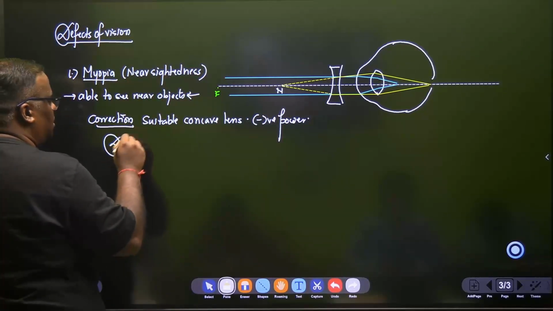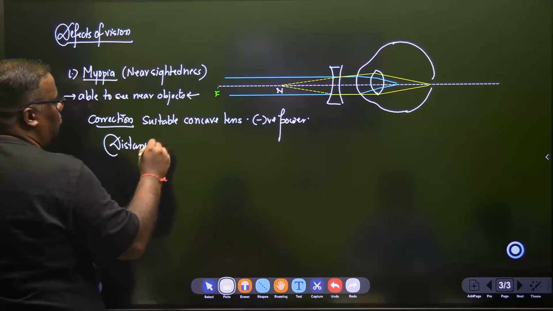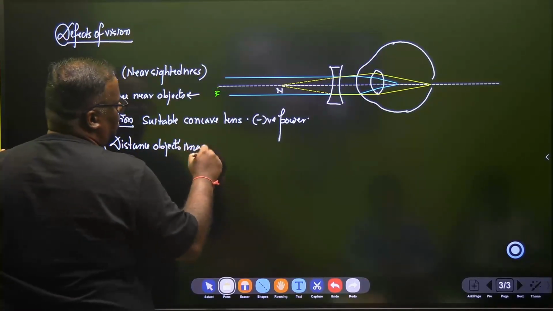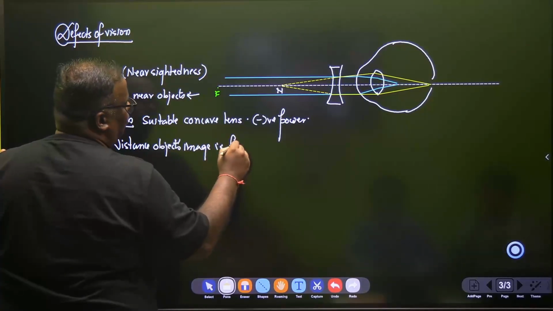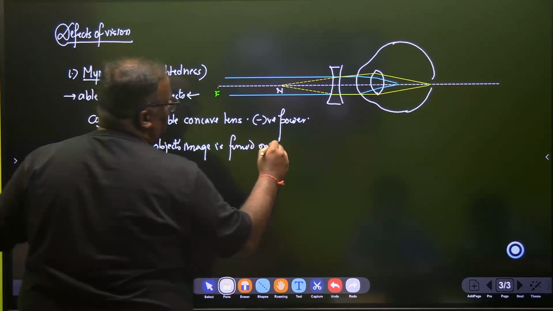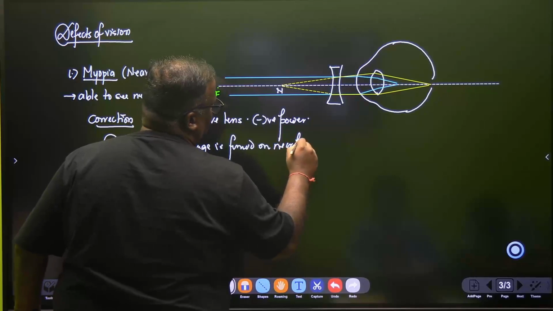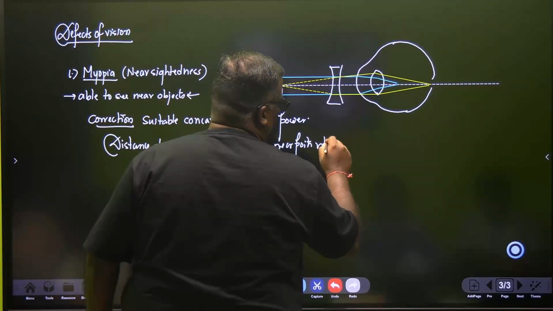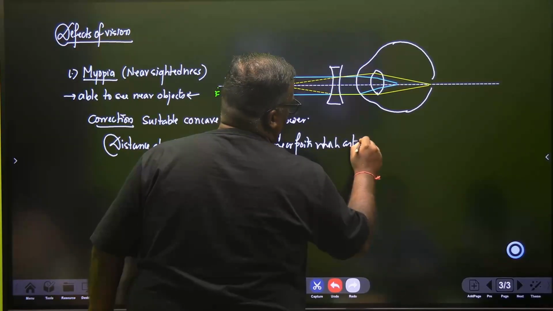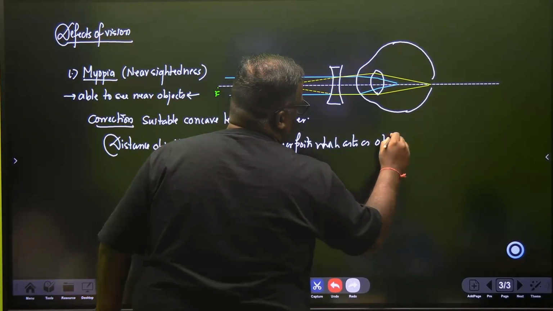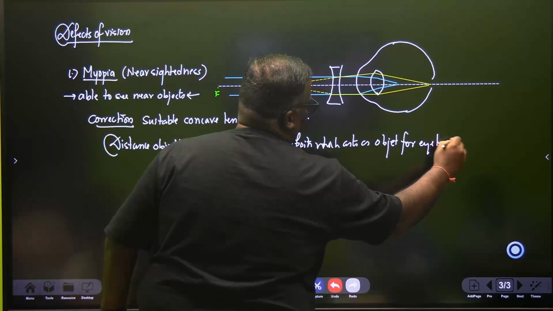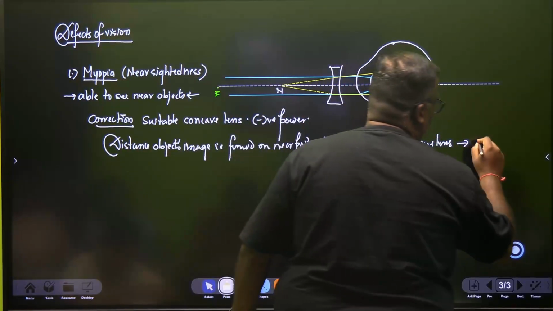Distant objects' image is formed on the near point, which acts as an object for the eye lens, and further the image on the retina.